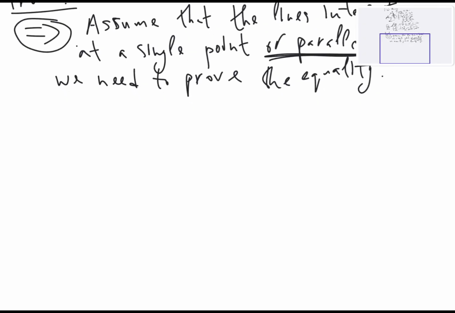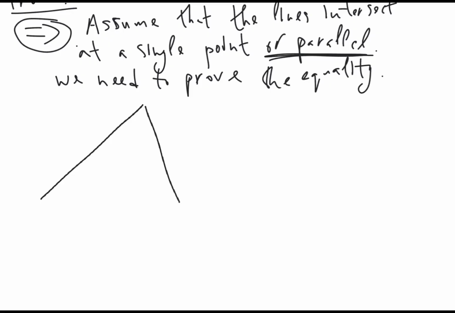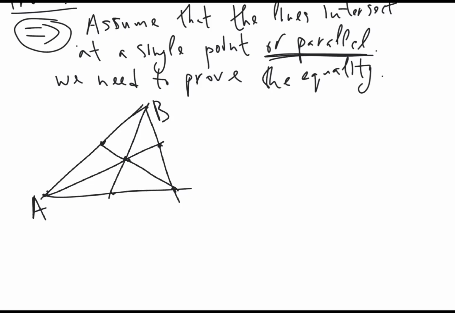Even here we restrict for now to the case where all the points are on the sides of the triangle and not on the extensions of the sides. When they're on the extensions, it is proved similarly. So A, B, C, D, E, F, and we will use the areas of the triangles.